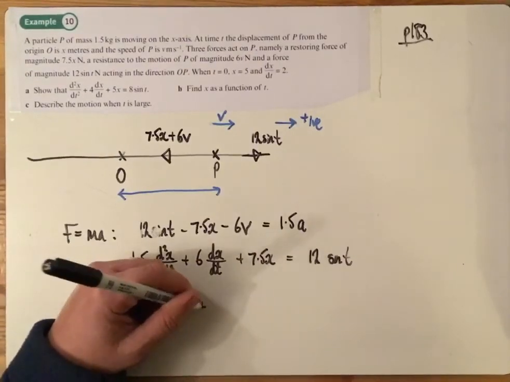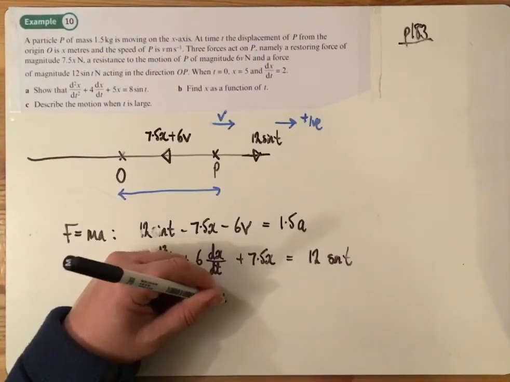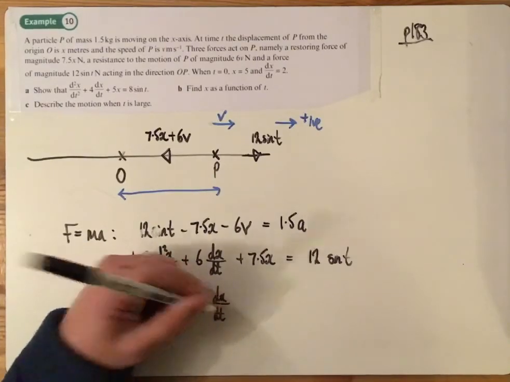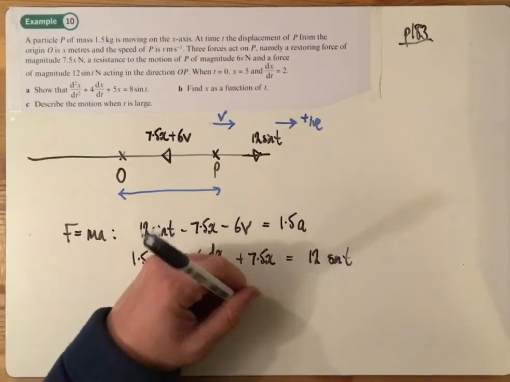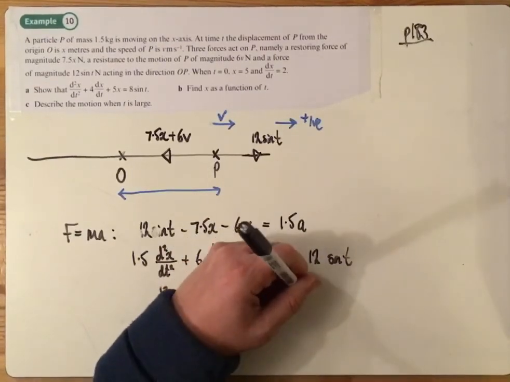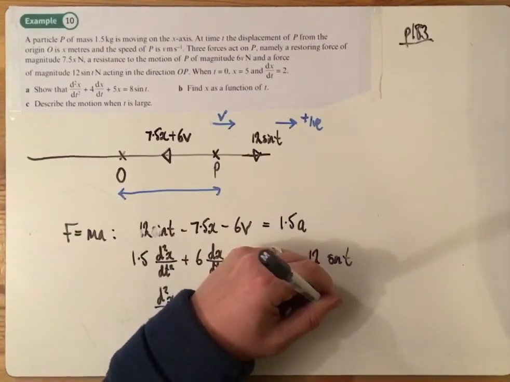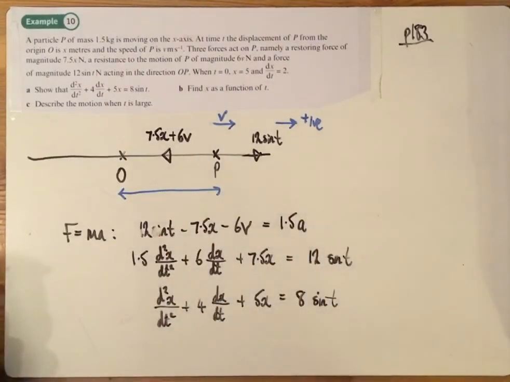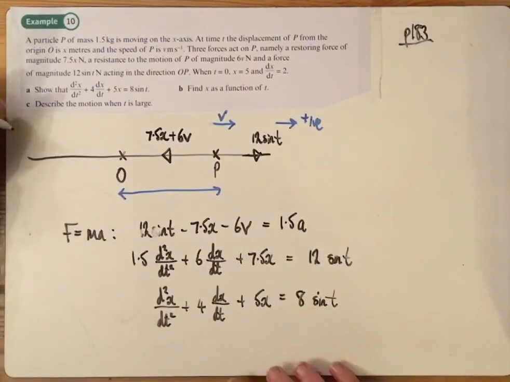So plus 4 dx/dt, try not to smudge it, sorry if I do, plus 5x is equal to 8 sine t. So that's part A.